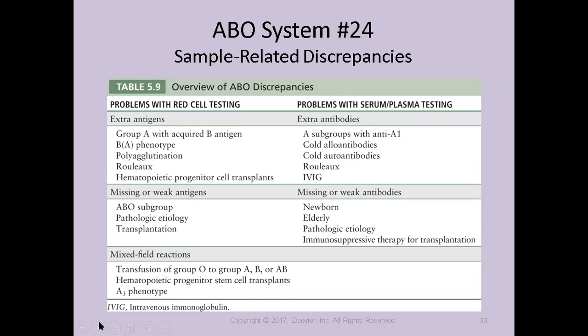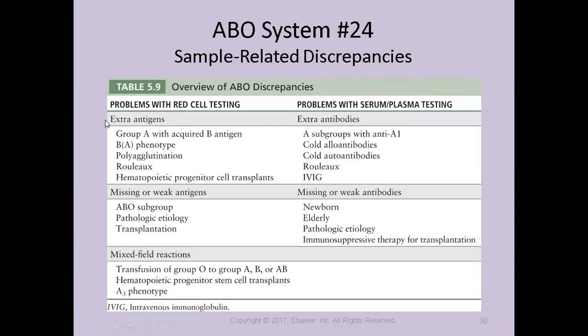Okay, if we realize that it's not due to any of these technical discrepancies, then we have to move on and look at sample-related discrepancies that could be causing the issue. This is an overview, table 5.9 from our textbook, of some things that we're going to be looking at individually.